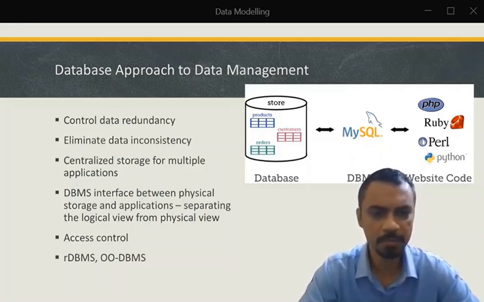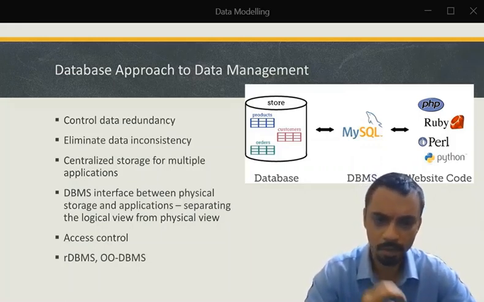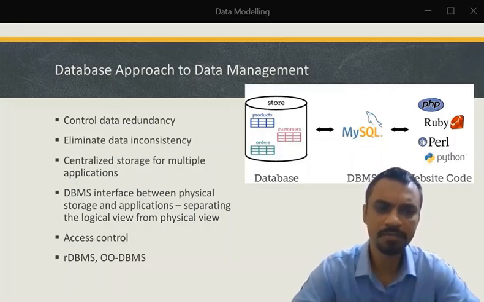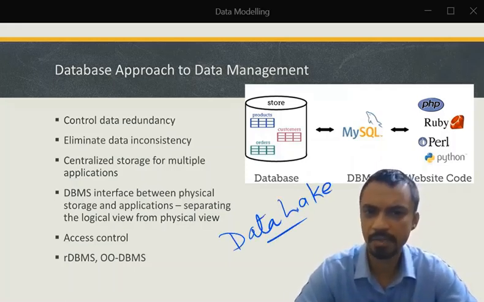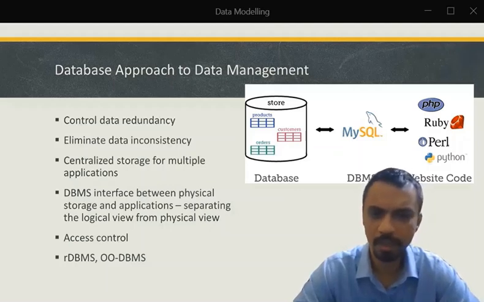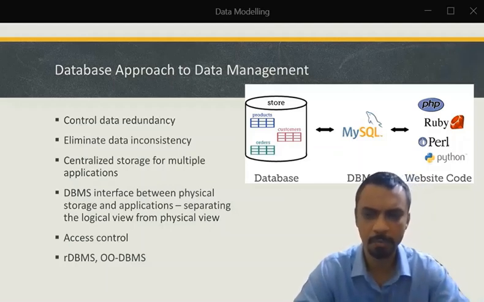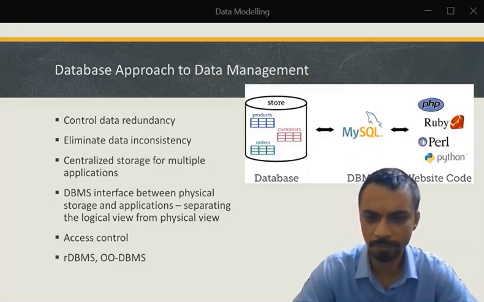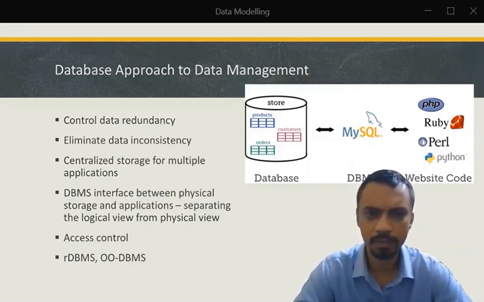Then there are object-oriented database management systems. And these days, in the world of big data, you have the concept of data lake, which is also another approach to data management. We'll try to learn a little bit more about it later in the course, if time permits.